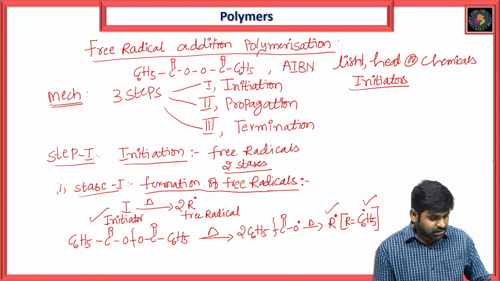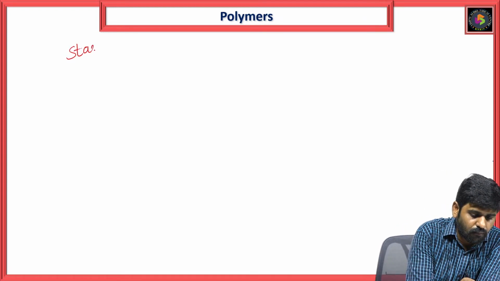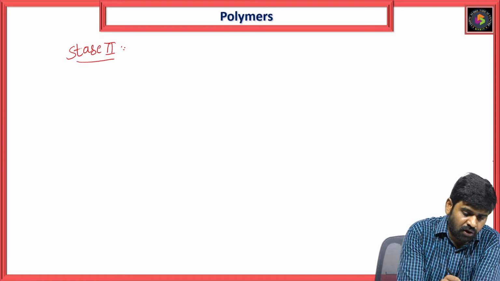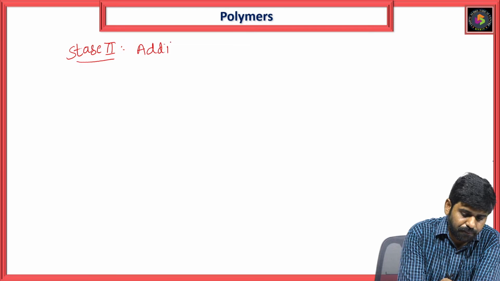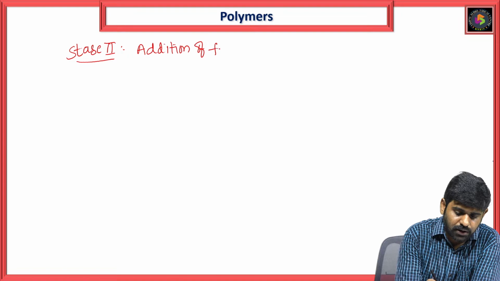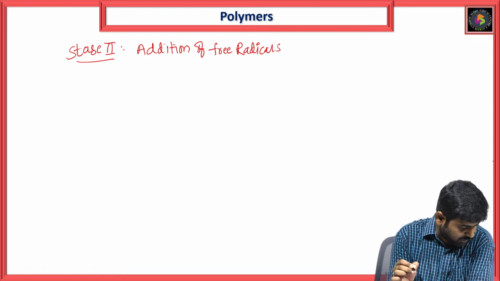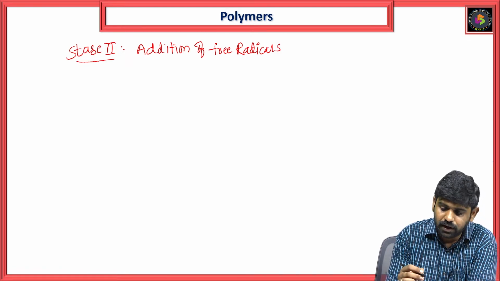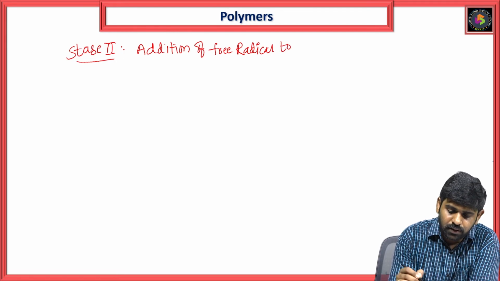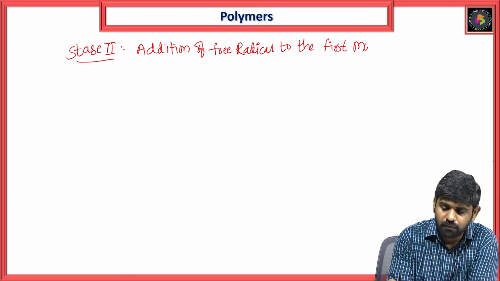Next, stage 2, that is addition of free radical to the first monomer.